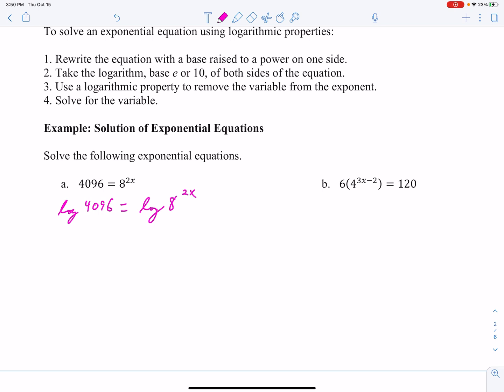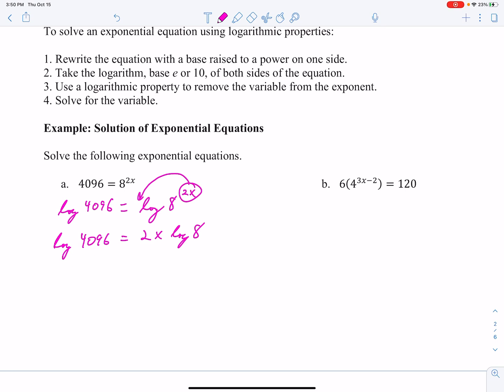Now we can take this exponent, remember these are logarithm rules that you need to know, and move it up to the front as a multiplication. So we'll have log of 4,096 equals 2 times x times log of 8.